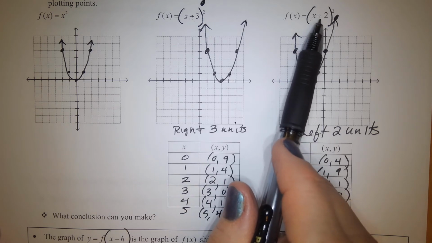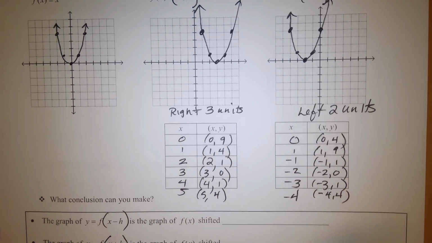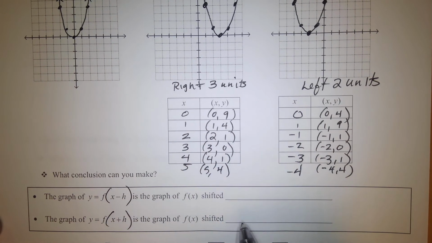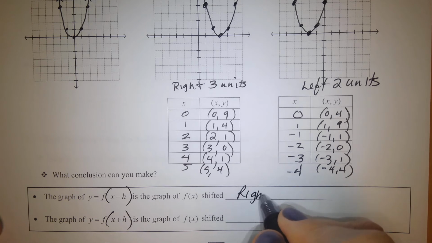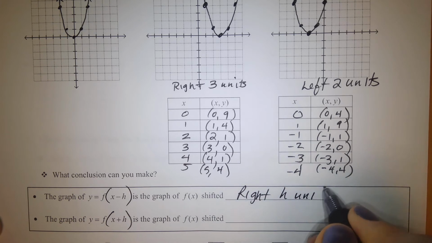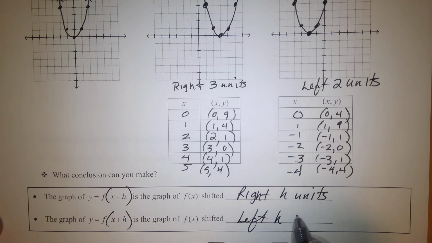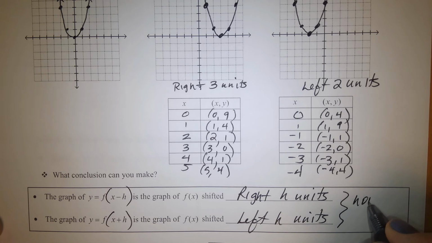So adding a number inside the function means you're moving it left. So in our little theorem that we're creating, the graph says when you subtract a number on the inside of a function, you're actually moving it to the right. Adding a number, maybe h or any number for that example, means you're moving it to the left. So it does go backwards. These are horizontal shifts.